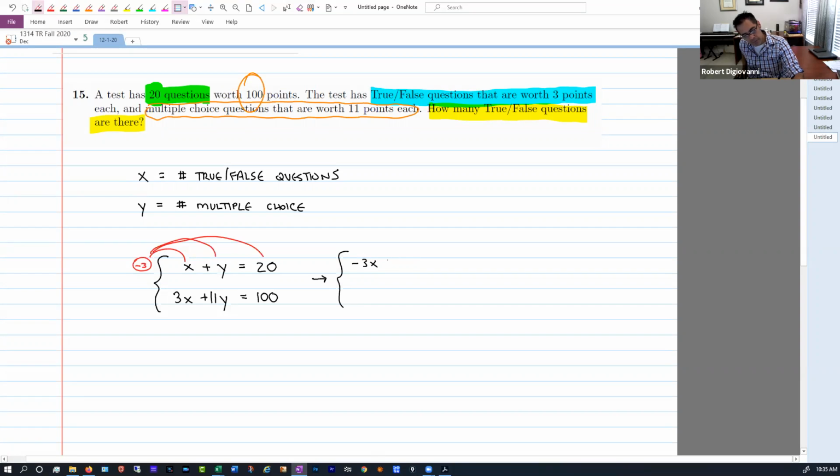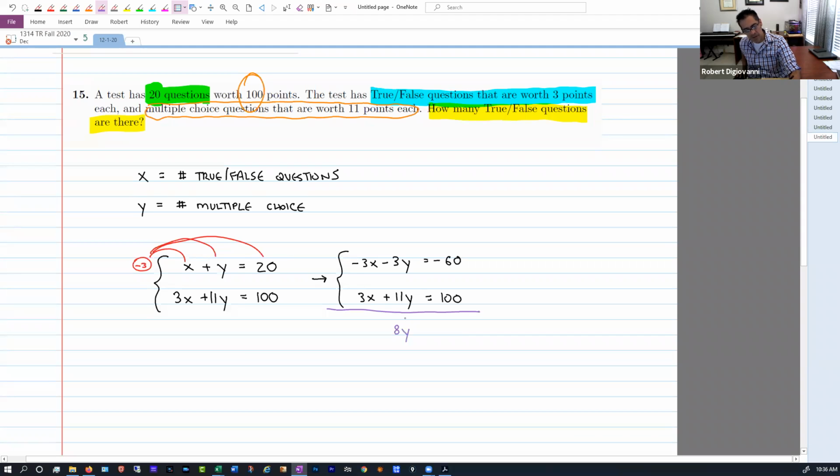-3x minus 3y equals -60. And then on the bottom, just rewrite it. Don't do anything. And now add straight down. The x's cancel. Let me see, is that 8y?